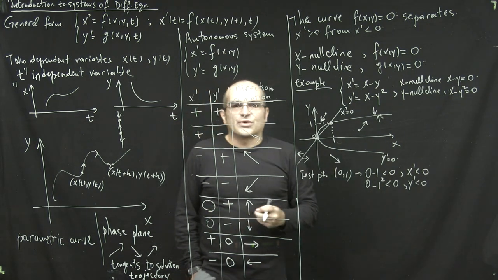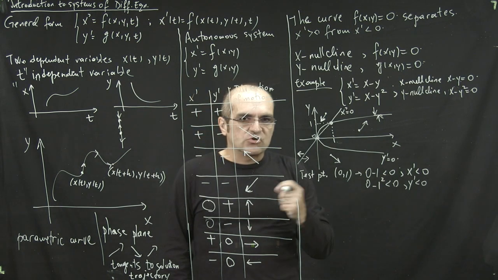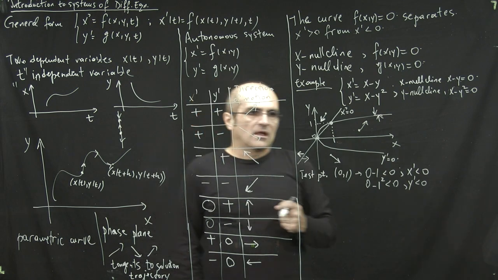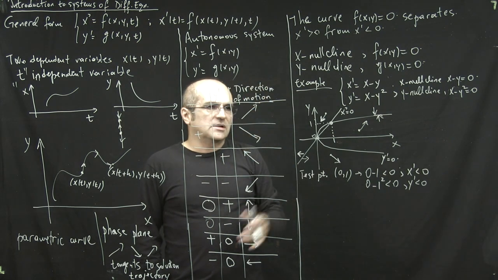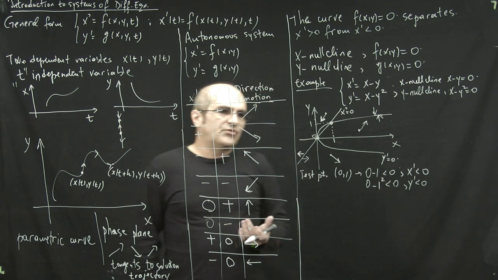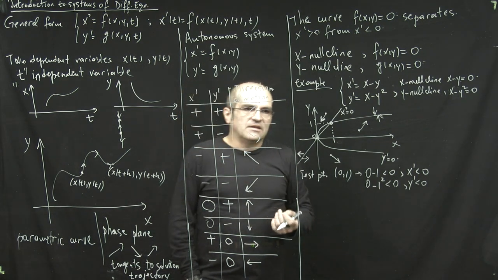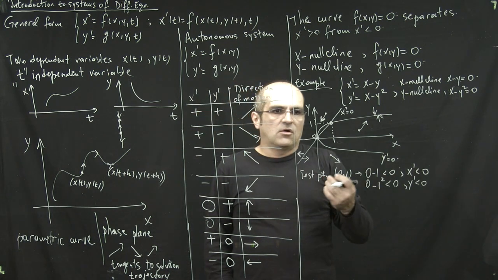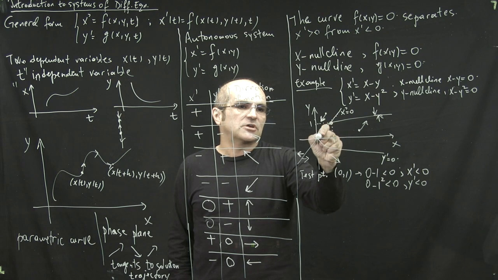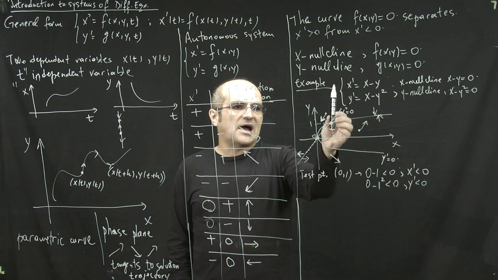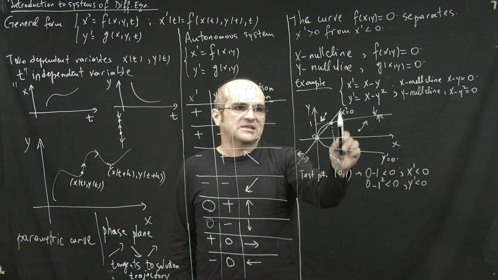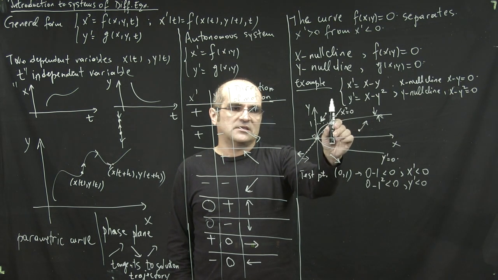So this is just a brief way of figuring out the motion of the solution, without the plotter, based on the nullclines, if you can sketch them, of course. As I said before, on the nullcline itself, the arrows are vertical or horizontal. For all the points you pick on the actual nullcline here, arrows will be either up or down, vertical, because x prime doesn't change, it's 0 on that line.